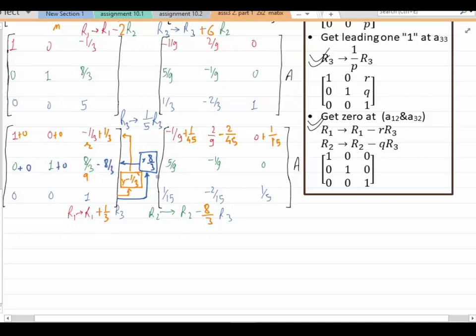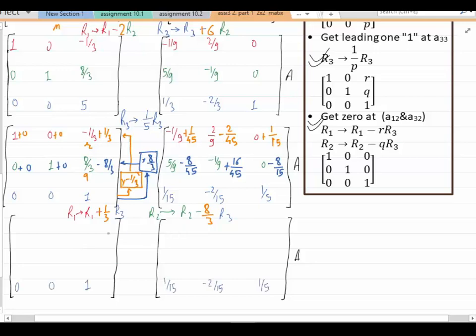And same thing on the right side will give us minus 8 by 45, then plus 16 by 45 and minus 8 by 15. Thank God we complete this step. Now in this process our third row will be as it is. So let's write it down as it is.